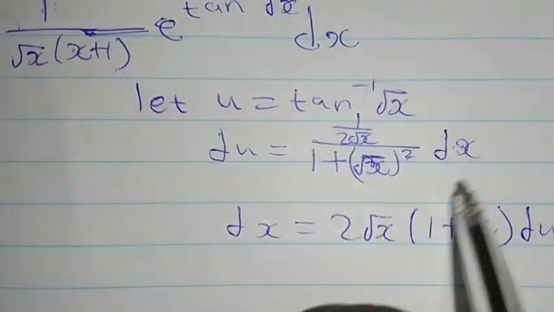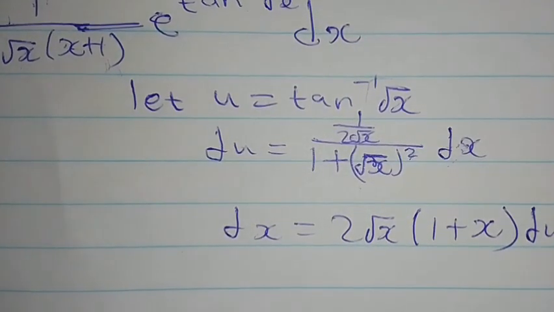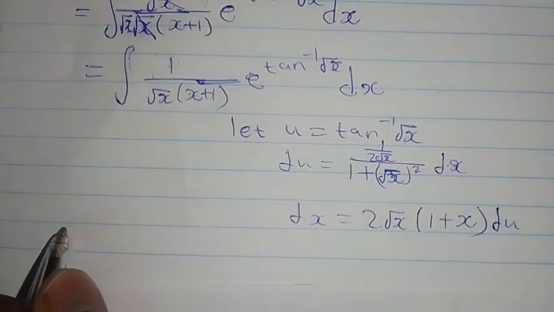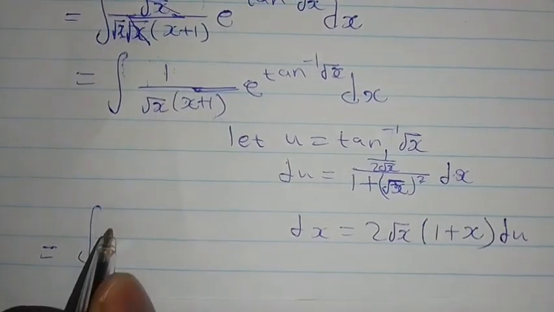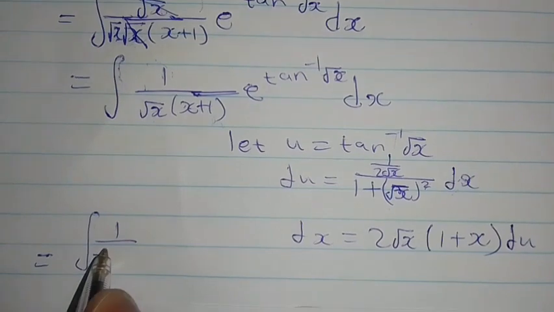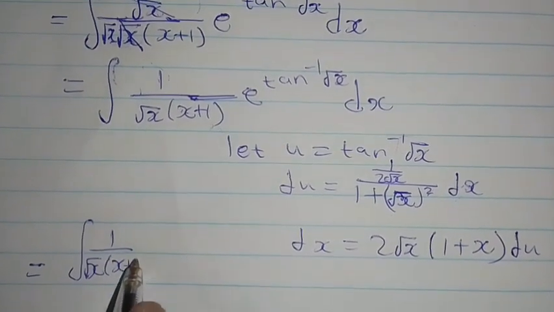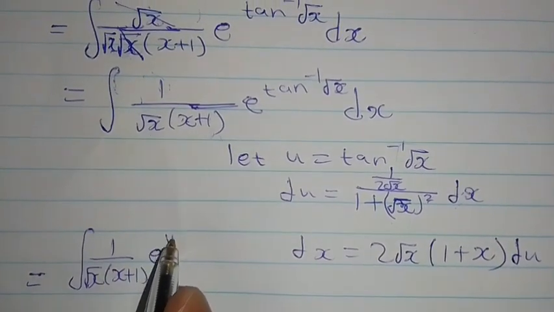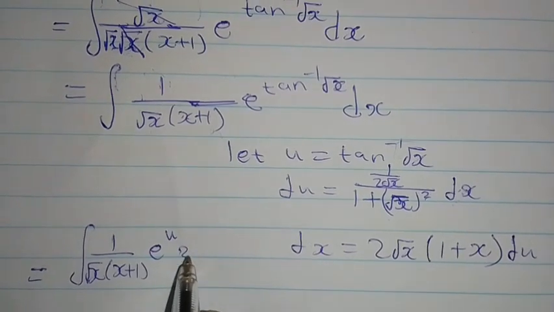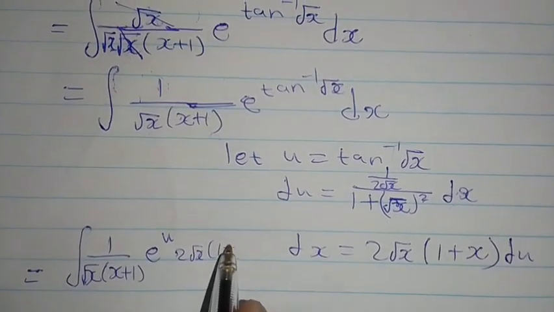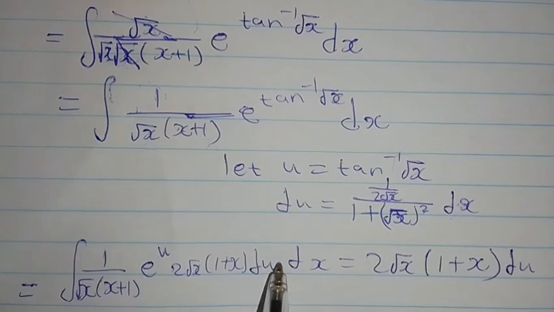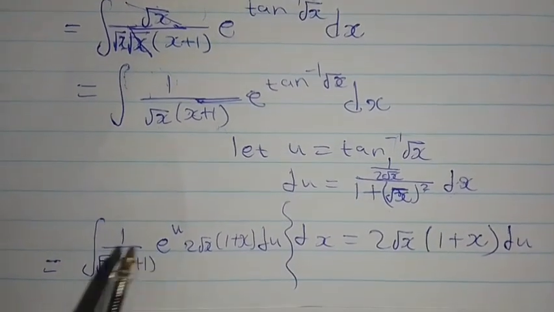If you solve for dx in this case, you're going to get something like this. Now, making that substitution in, you're going to have the integral of 1 over the square root of x times x plus 1 multiplied by e to the power u, and then multiply that by 2 root x multiplied by 1 plus x du. Now, we are integrating with respect to u.